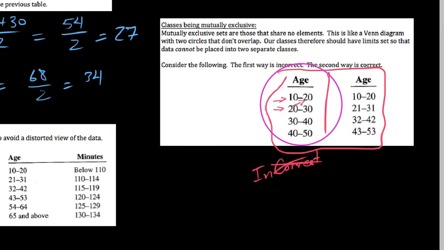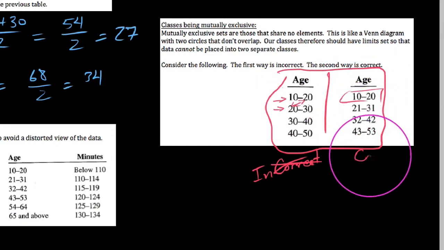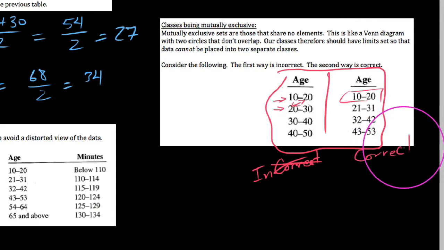You can't have overlapping. So when we talk about limits here, 10 to 20, that'd be more appropriate. This is the correct version on the right side. And then 21 up to 31, you notice they all have the same class width: 20 minus 10 plus 1 is 11, and 31 minus 21 is 10 plus 1 is 11. Or you could say 10 up to 21 is 11, 21 to 32 is 11.